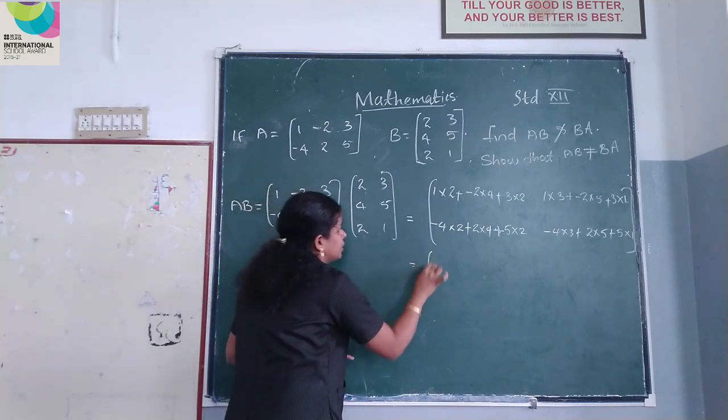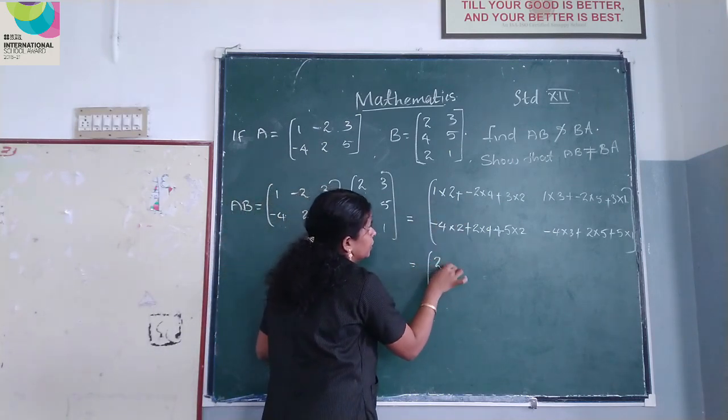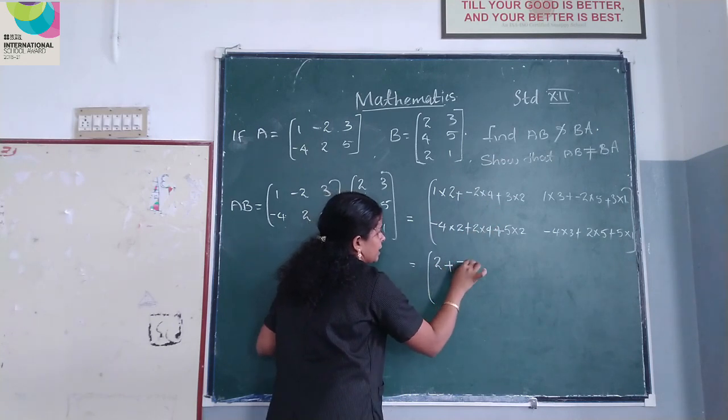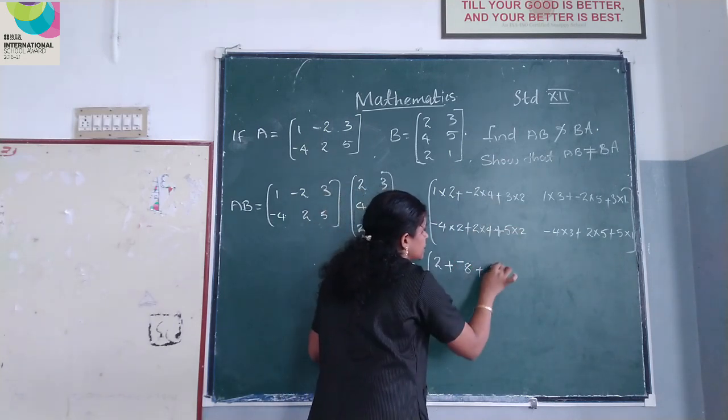Then which is equal to the matrix: 1 into 2, 2, plus -2 into 4, -8, plus 3 into 2, 6.